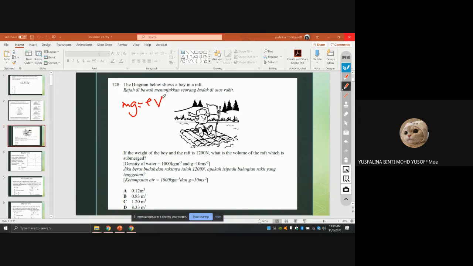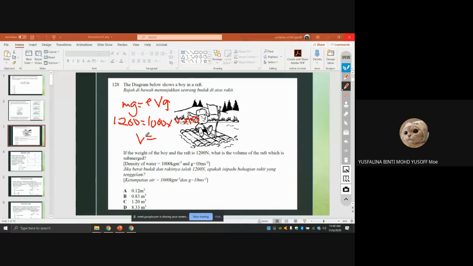Because the object is floating, the weight is already given, 1,200. The density is 1,000, v you need to find, and g is 10. So you find the value of v.